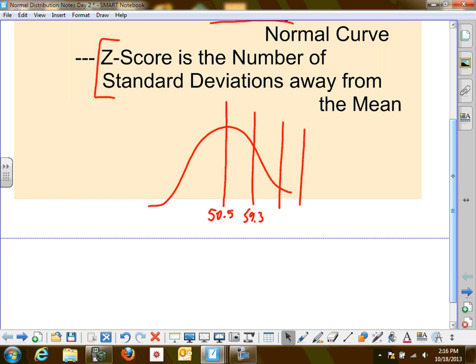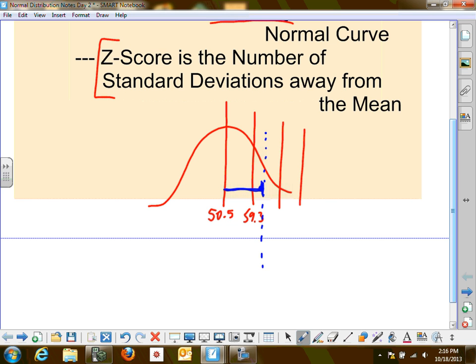She got a score of 61. So the situation was that her score, remember from yesterday, was not an exact number of standard deviations up. It was 1 and then part of another standard deviation up. So how did we determine how many standard deviations it was up?